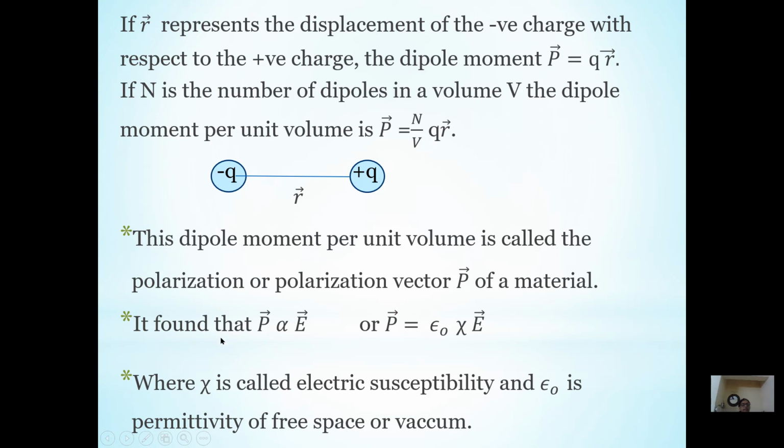Hence, the polarization in a dielectric material is directly proportional to the applied electric field: P equals epsilon naught into chi into E, where epsilon naught is called the permittivity of free space or vacuum, and chi is called electric susceptibility.